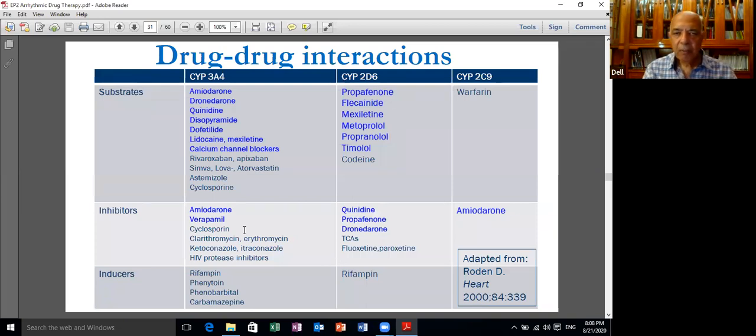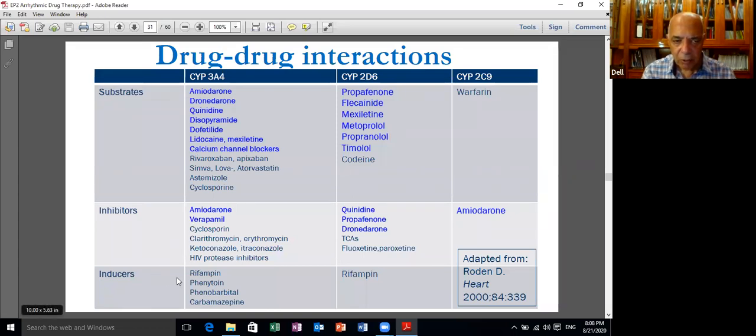Now, this is a complicated table, but again, it shows three things. It shows the various hepatic enzymes, the C3A4, the C2D6, and the C2C9. And you have here the substrates that are metabolized through these enzymes. And then the inhibitors, which inhibit the enzyme; if they inhibit the enzyme, they result in elevation of the level of these drugs.